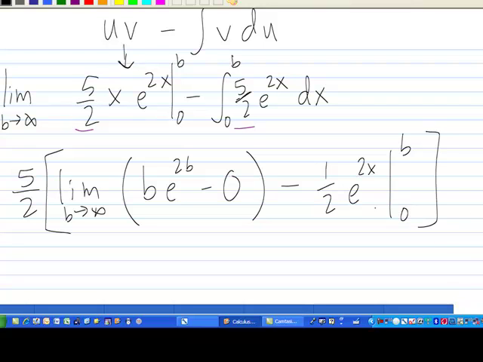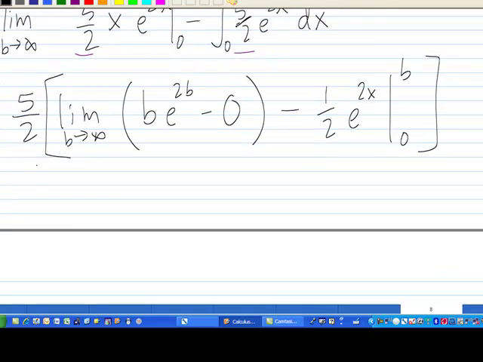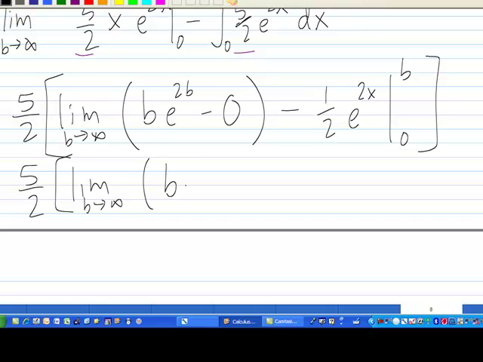Hey, this looks familiar because we evaluated it over here almost at the beginning using integration by parts actually. So we got that one. It becomes 5/2 times the limit as b goes to infinity. Right here the 0 just goes away. b e to the 2b minus 1/2 e to the 2b.